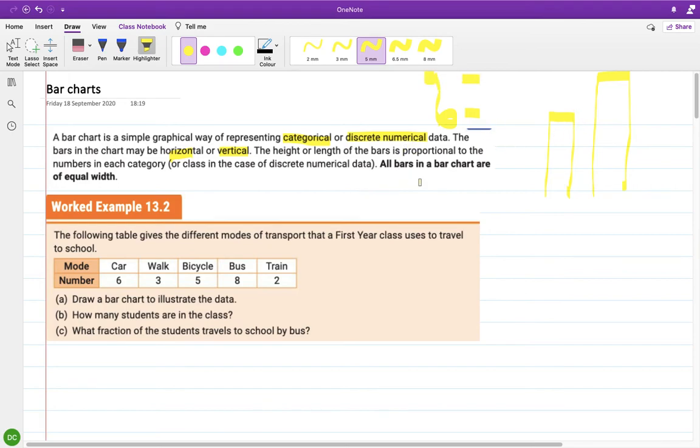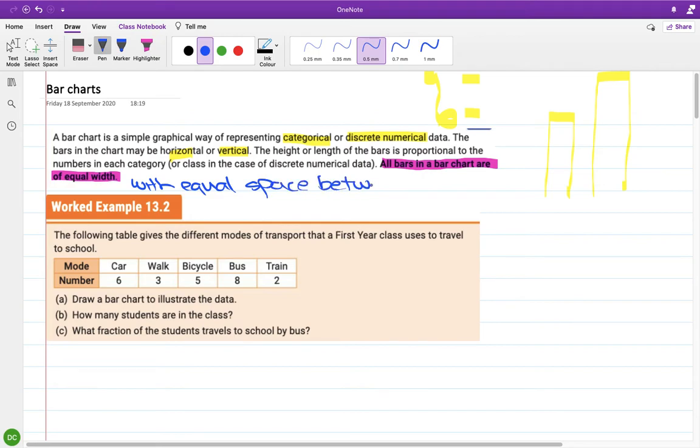Yeah, I think we know that. This is very important when we change colour. All bars in a bar chart are of equal width, and I would also like you to add with equal space between them. Okay, equal space between them. And I'm going to show you that now.